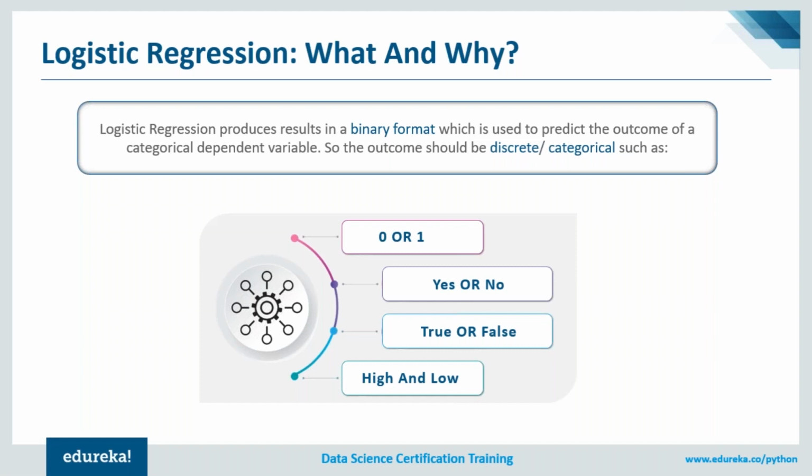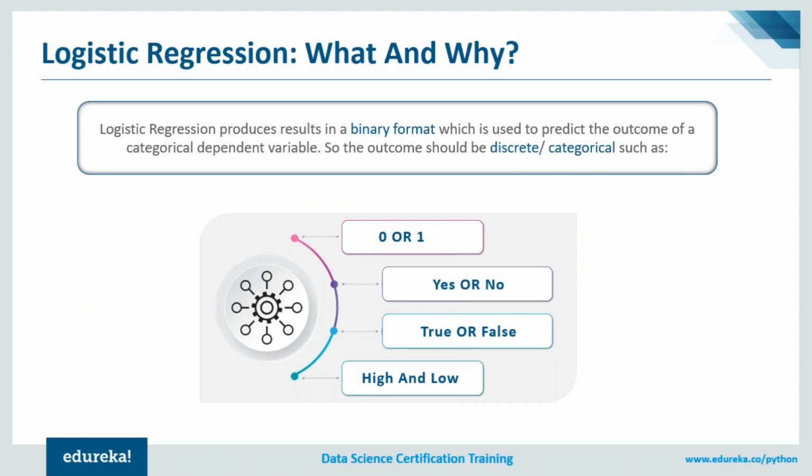For example, if I ask, will it rain tomorrow? It is yes or no, right? When I have to answer with a discrete yes or no, then I will have to use logistic regression. Logistic regression produces results in binary format and is used to predict the outcome of a categorically dependent variable.